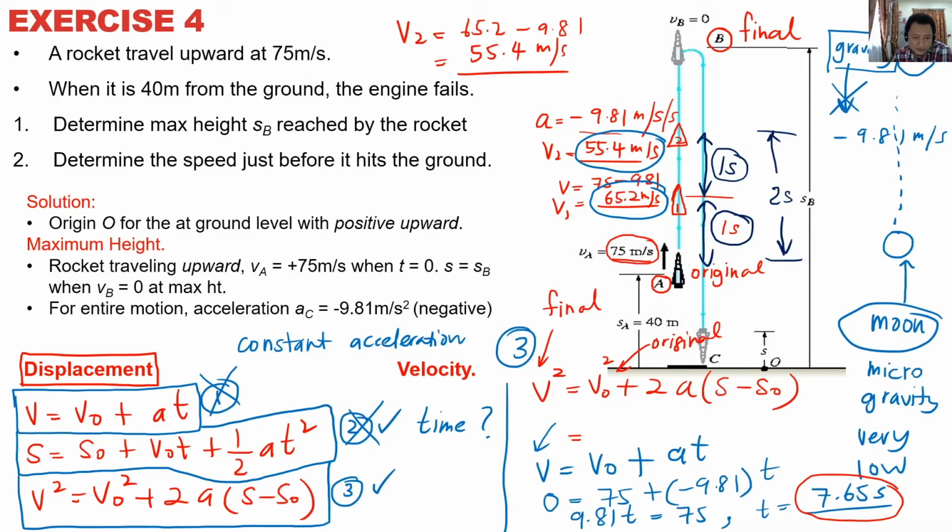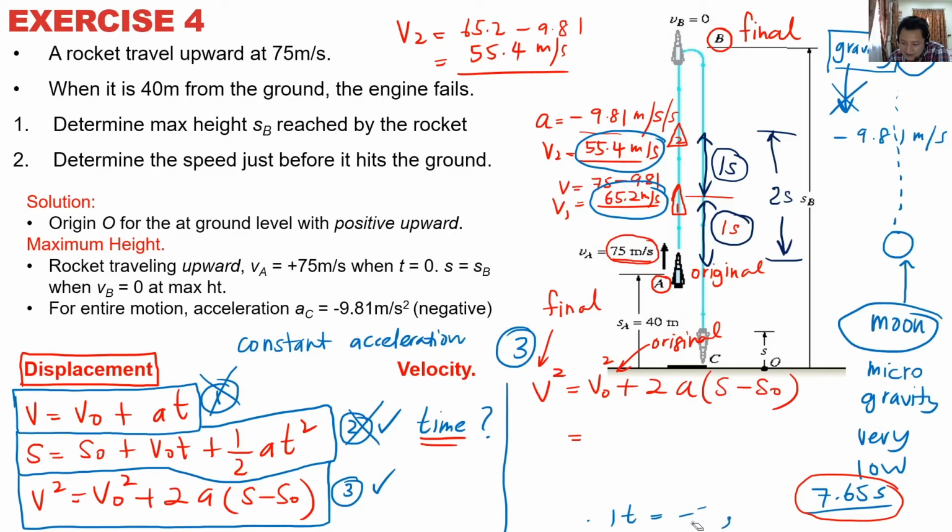Equation number 2, kalau cuba plug in time kat sini, plug in the time here, I think you're gonna get lah berapa displacement. Or you can simply use equation number 3, like what we are doing right now. So I'm gonna rub this off. Make sure you write in your notebook. Let's try equation number 3.